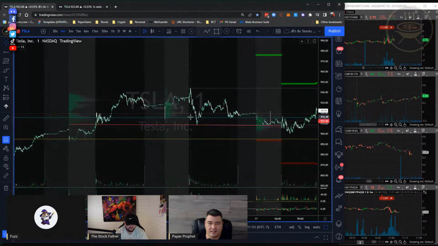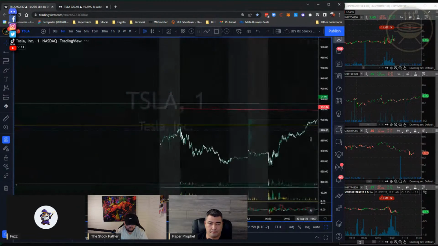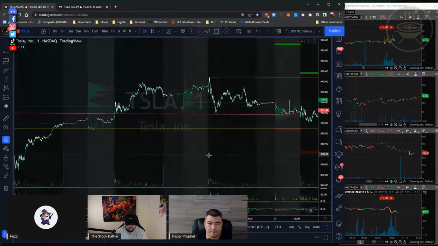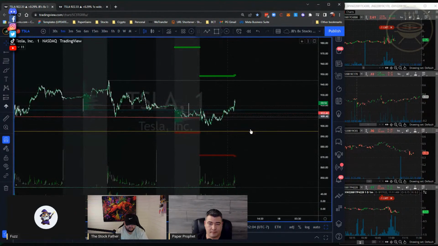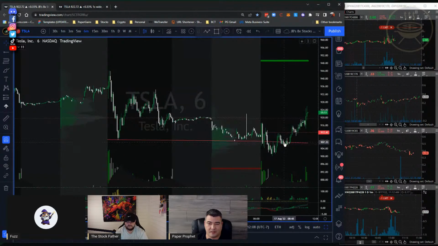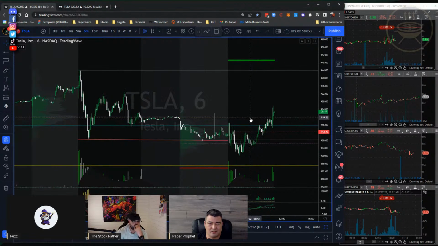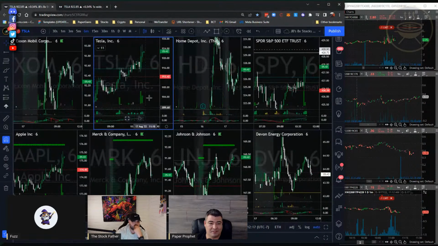So the blue line was last week's high. So this is last week's low, last week's high here. Just broke over that. And it's also bouncing up off this 200-day just a minute ago. For me right now, it's already flipped red to green. It might be chasey a little bit.